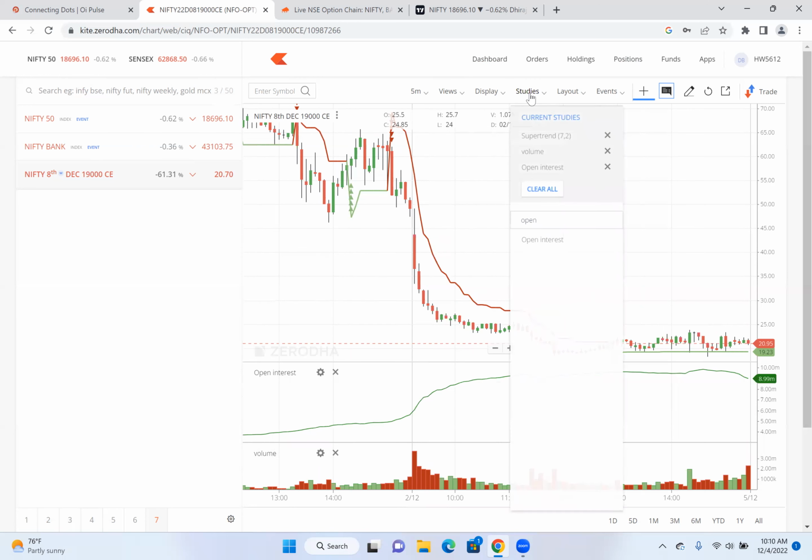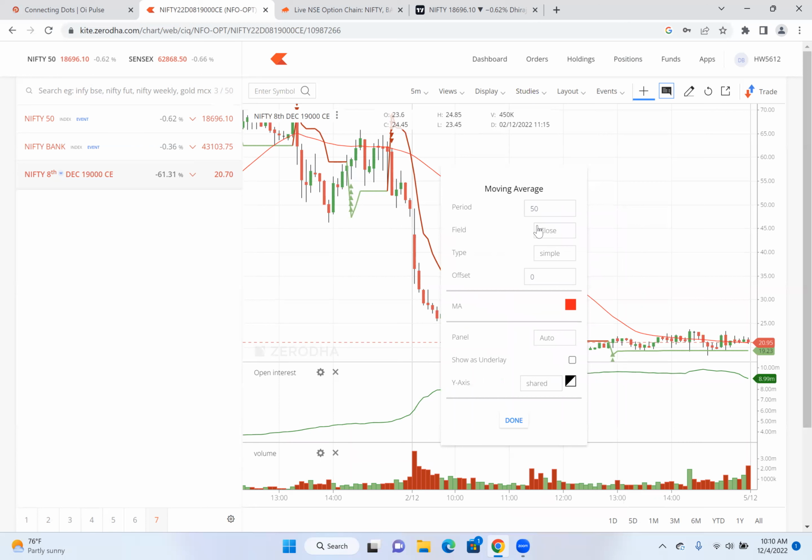Then I again go to studies and add something called moving average. In this moving average, I change the period to 20, simple moving average. And instead of close, I will change the field to OI.